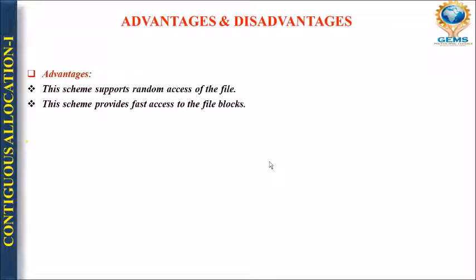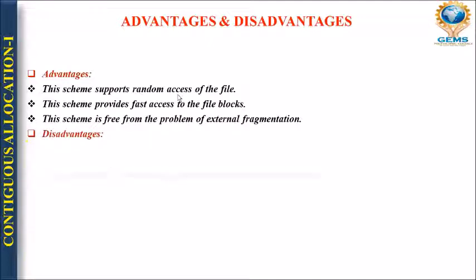This scheme is really faster to access the blocks as compared to linked allocation. Next, this scheme is free from the problem of external fragmentation, right? So in this, the problem of internal and external fragmentation will be kicked out.